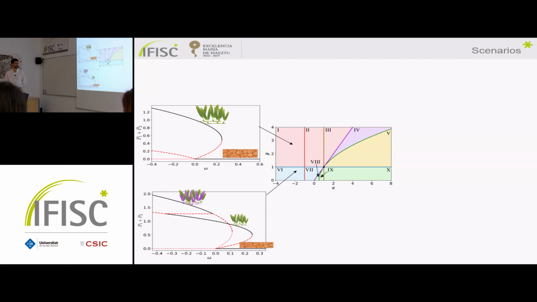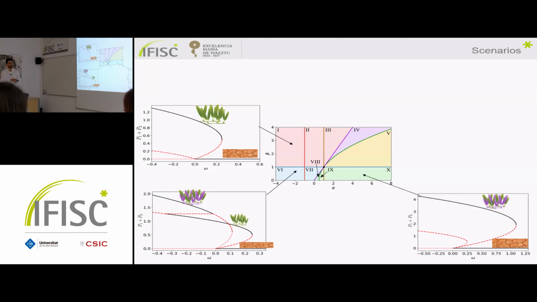If we decrease the value of beta, we can have for high densities these mixed meadows that coexist for some regions of the parameter with monospecific meadows. So we have this kind of hysteresis cycles here, where we have both kinds of conditions.